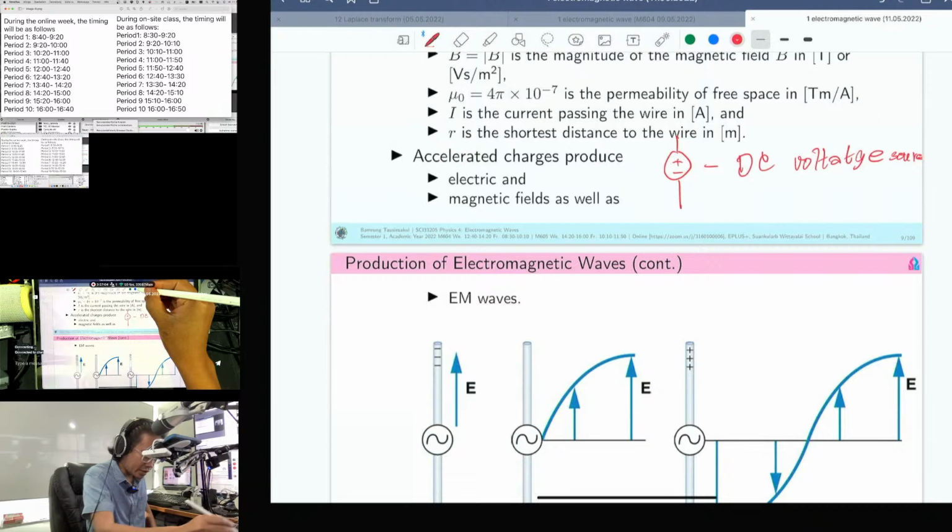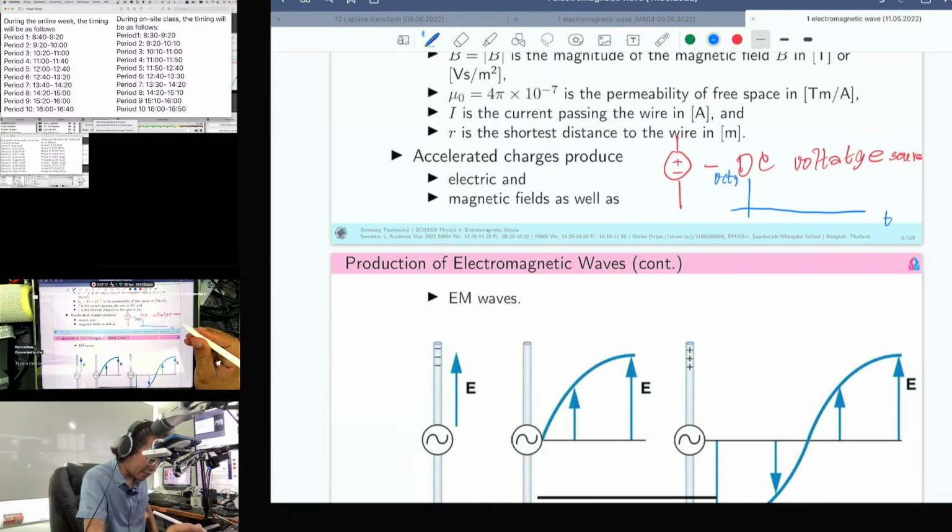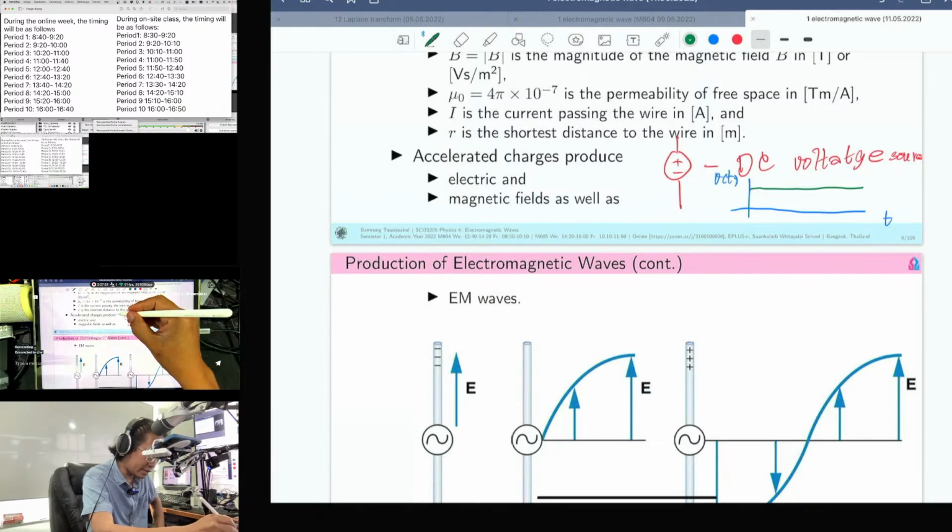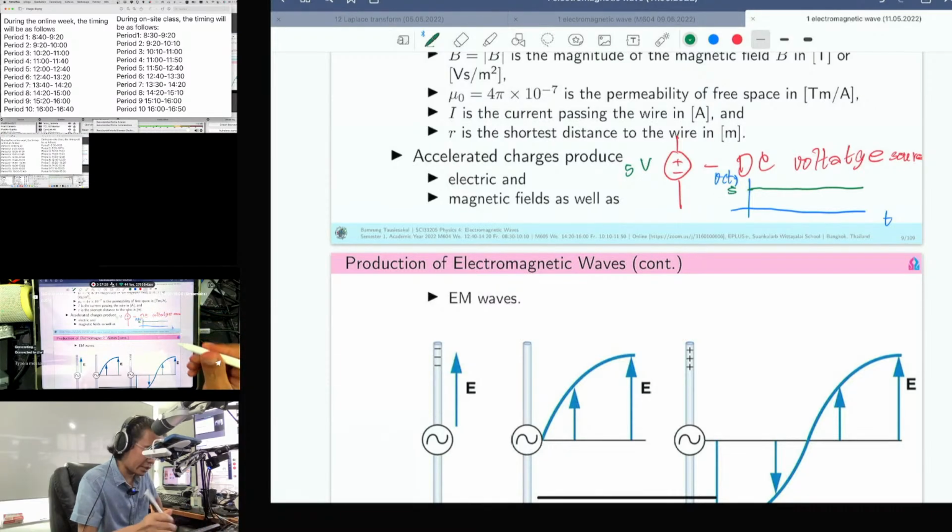It means you have here V and t right here, and you have a constant line like this, and this is the DC level. For example, if it's say 5 volt, it means it's going to have the number 5 right here, the amount of voltage this symbol will provide you. Okay, another type of voltage source is this one.